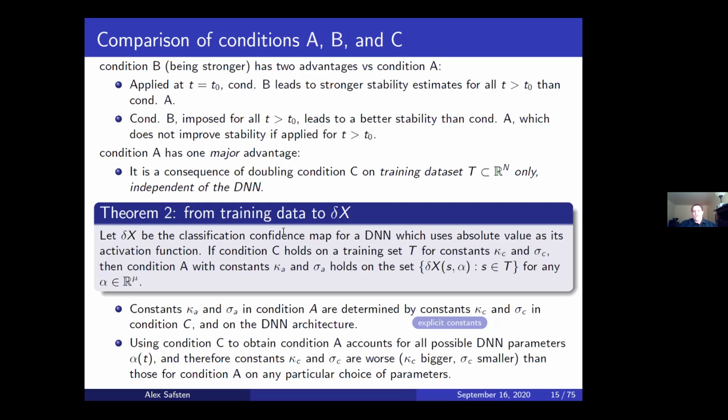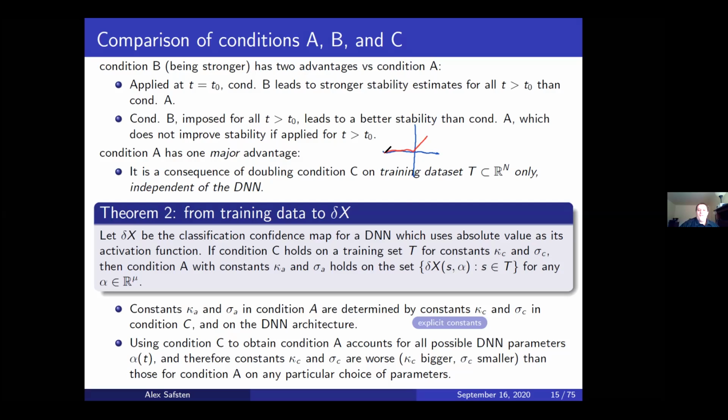For people who may not know what this is, I can draw on the screen here. The activation function as a function from R to R can just be graphed on the real numbers. So ReLU is flat for negative numbers, and then it is the identity for positive numbers.